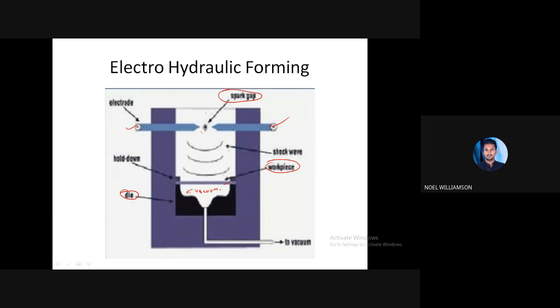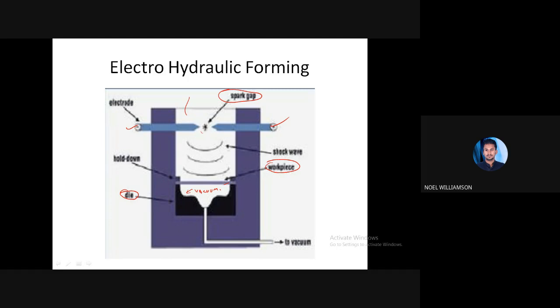So using the sudden electric discharge, sparks are produced between the electrodes, and this spark produces a shock wave in the water medium. How does it produce the shock wave? There is a transfer medium filled over here, basically water.